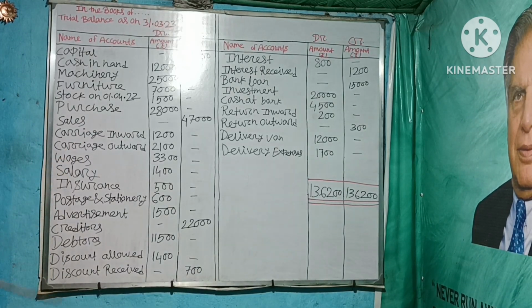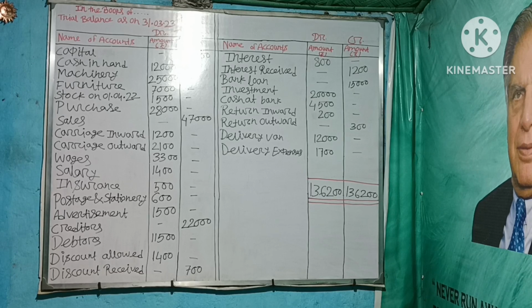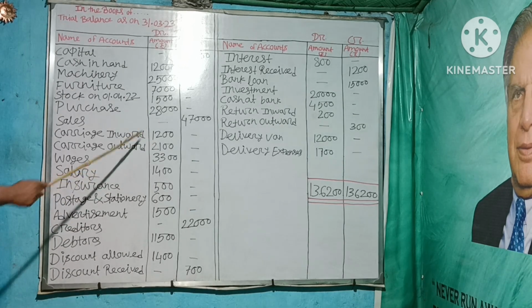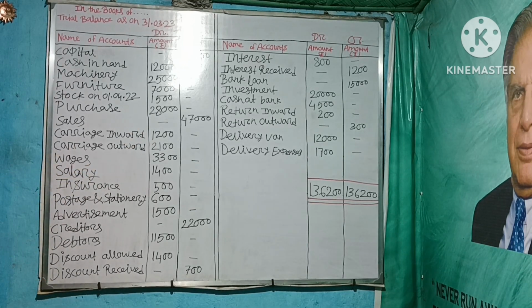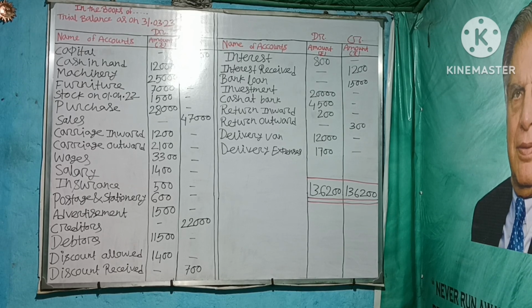Next, carriage inward. Carriage inward is when we purchase raw material and bring it from the port to our factory. If we pay carriage, then this carriage we call carriage inward. This is an expense. Expenses are always debited, 1,200. After that, carriage outward. What is carriage outward? It is the carriage we pay when we send finished goods from our factory to the customer's door.